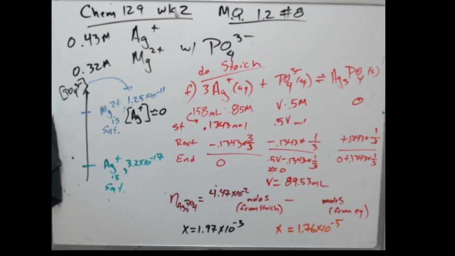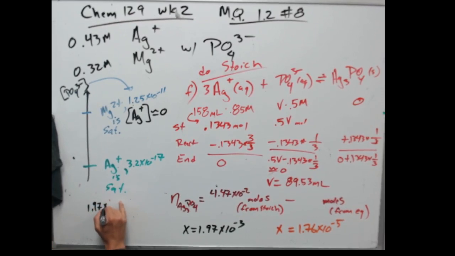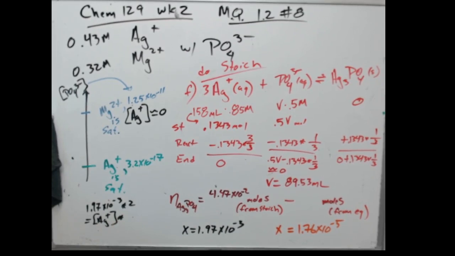I'm going to take this 1.97 times 10 to the minus 3. I'm going to multiply by 2 to get it to be my silver concentration. And then I have to multiply by my total volume. When you mix the two solutions together, it was 158 and 153 or something like that? It was 312. So I'm going to multiply by 0.312.